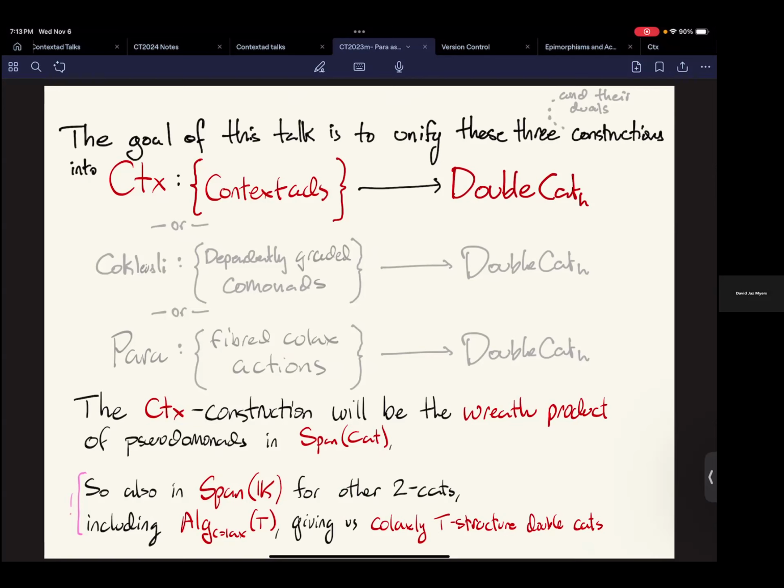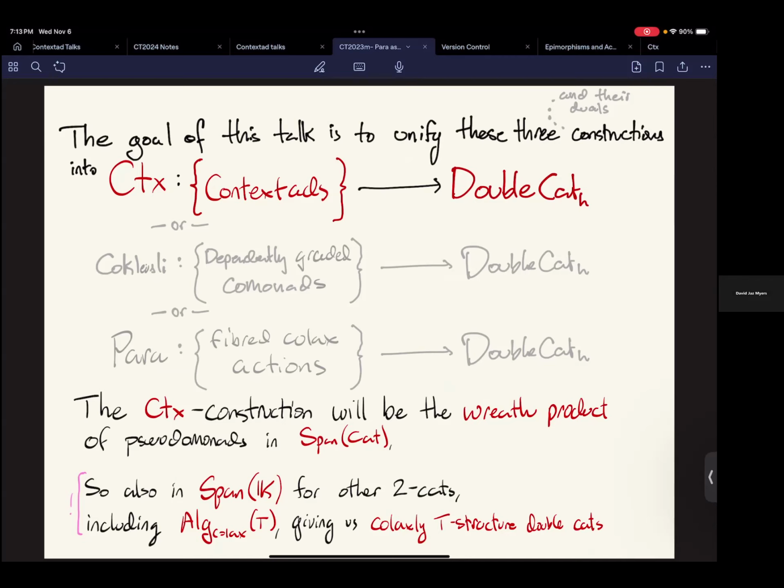This can generalize two things. It could generalize para. One way to see it is it generalizes para. Where para takes in an action of a monoidal category on a category and gives you this parameterized double category, we will take in a fibered colax action. Okay? And then it also generalizes co-Kleisli, where co-Kleisli takes in a comonad usually.